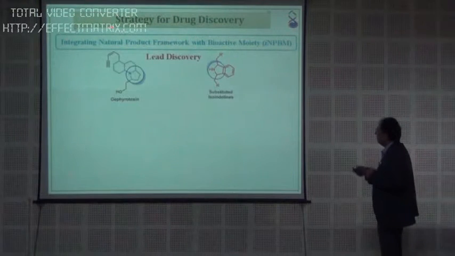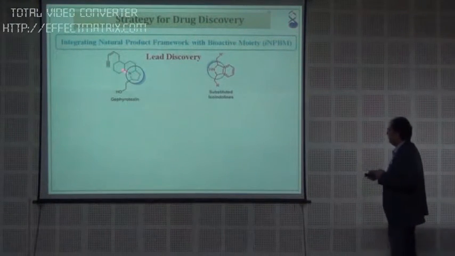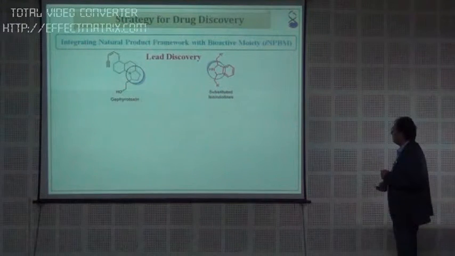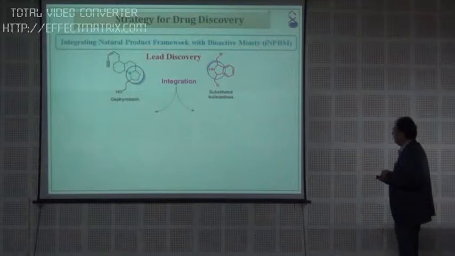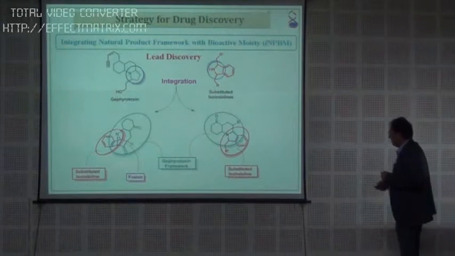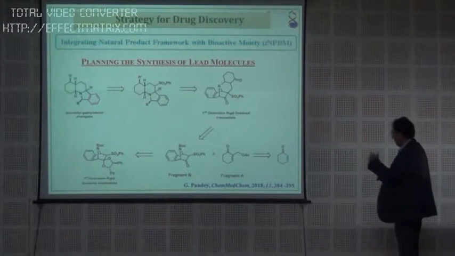With this, we try to do lead discovery. This is gephyrotoxin, and we have also synthesized isoindoles, and now we integrate these in two ways, and we have these two structures, gephyrotoxin and this structure here. And we just make this.